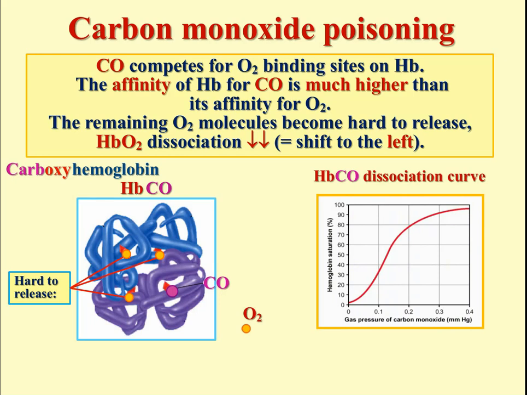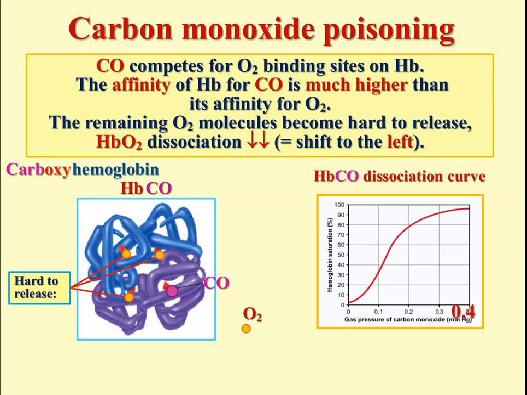Look at the dissociation curve. The dissociation curve of carboxyhemoglobin. You see, it looks like the hemoglobin dissociation curve, but look at the values on the horizontal axis: just 0.4 millimeters mercury is enough to saturate all the hemoglobin fully with carbon monoxide.